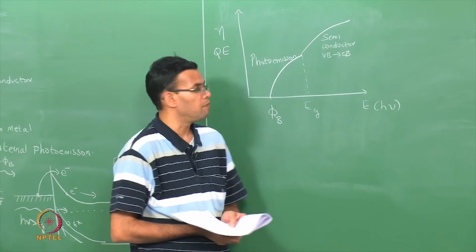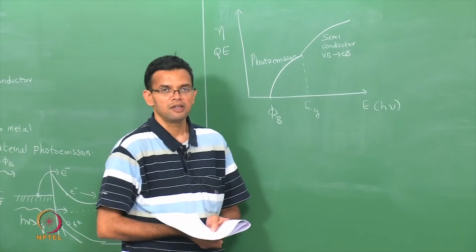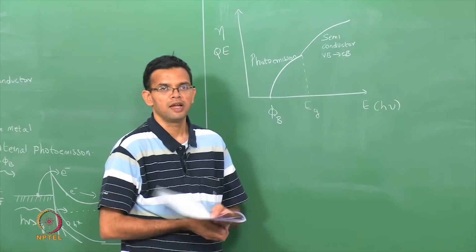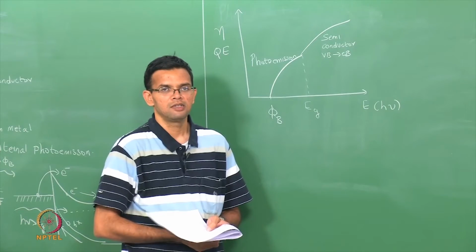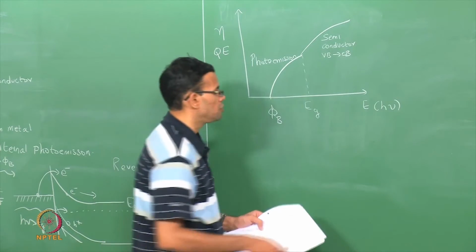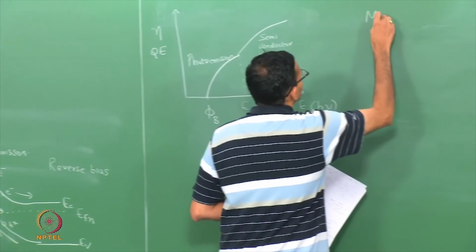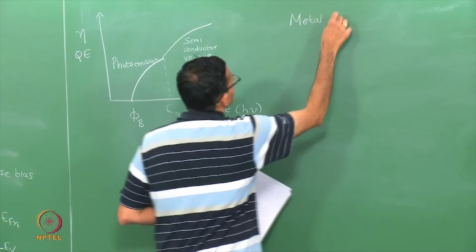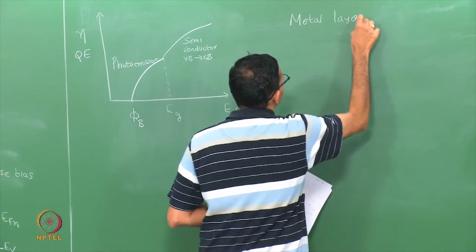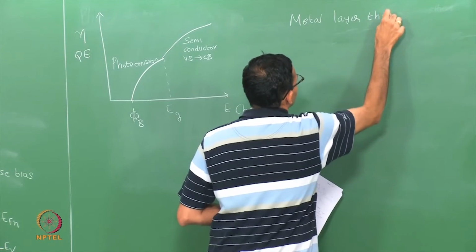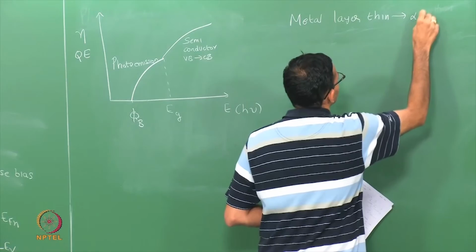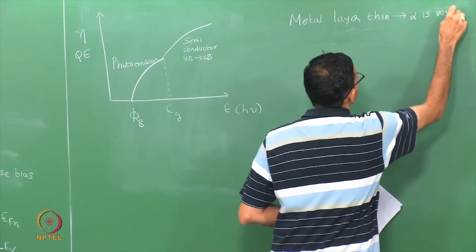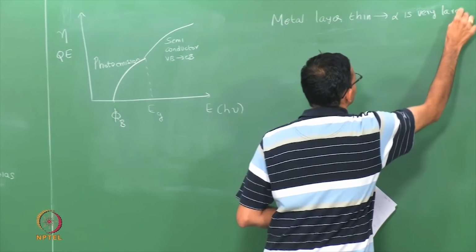So, in the case of a metal semiconductor photodetector, the caveat is the metal layer should be really thin, because metals usually have very high absorption coefficients. So, the metal layer should be thin because alpha is very large.